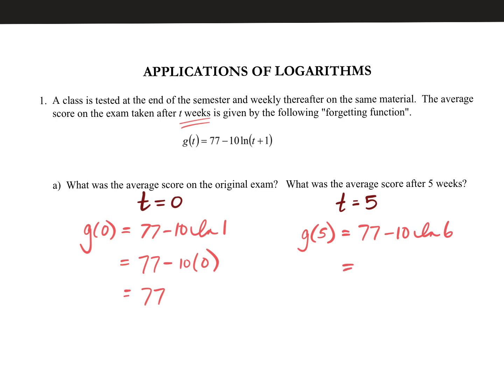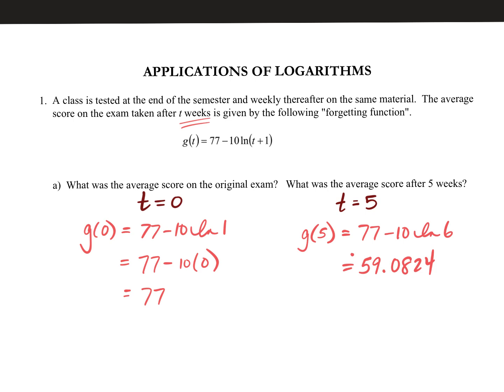And that is going to get us to an approximate value. I'm just going to write out several of the decimals, depending on what my calculator shows. So we get an average score of 59.0824.